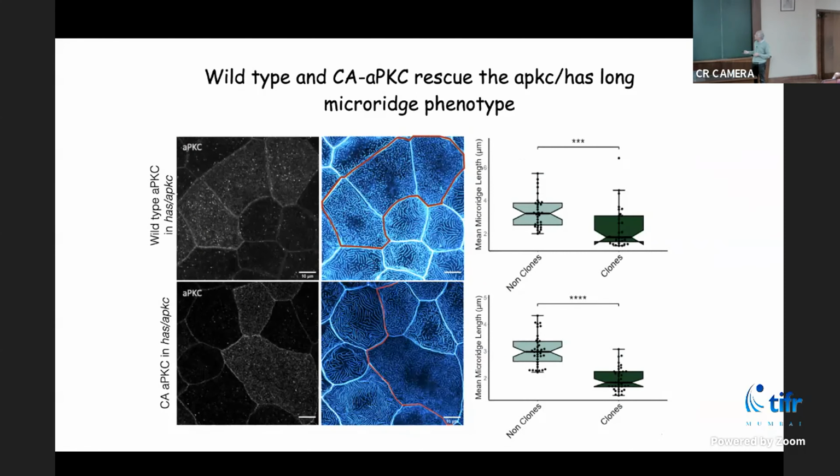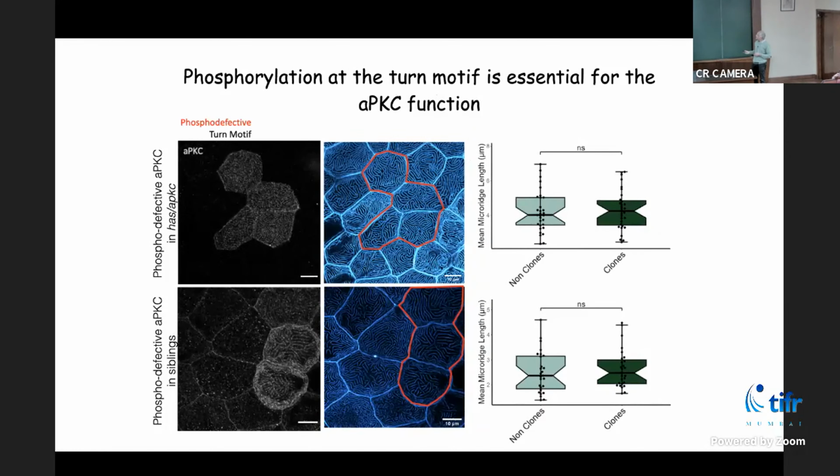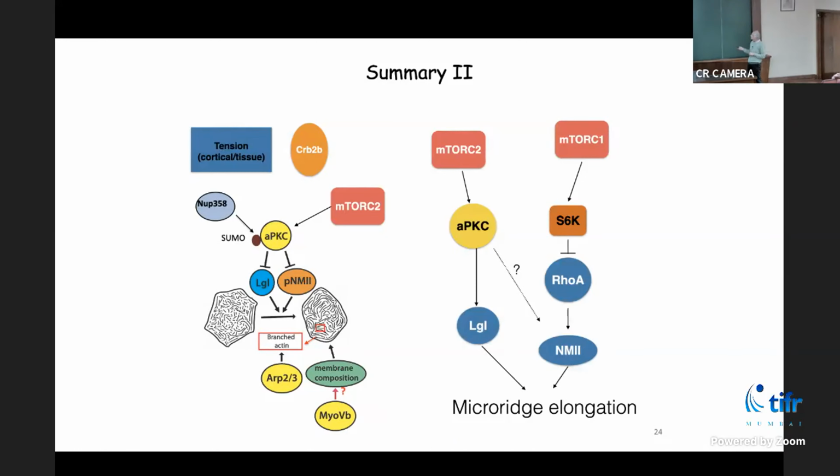Quickly, I will not get into details. Of course, the normal protein, when you have it present, now it's present only in these 3 cells, while the surrounding cells are still mutant. You will see that the ridges are now shorter. The same is true for this one here. But if you have a defective form of APKC, which now doesn't crosstalk with the TOR protein, you don't see this rescue. It tells us that these two are genetically coupled and are acting in a pathway.